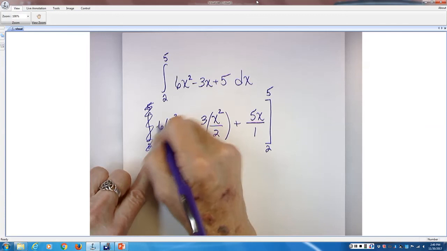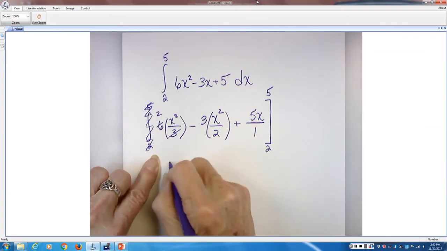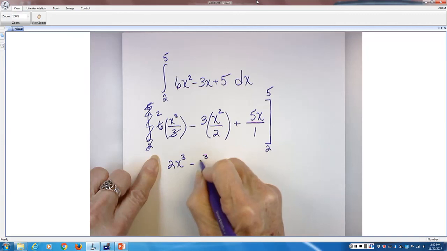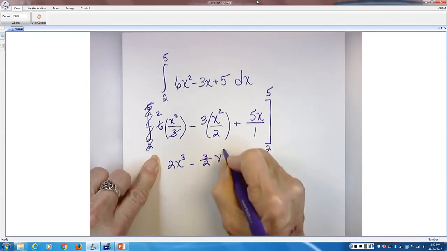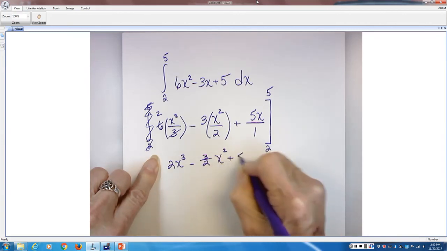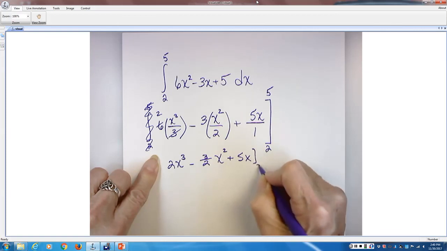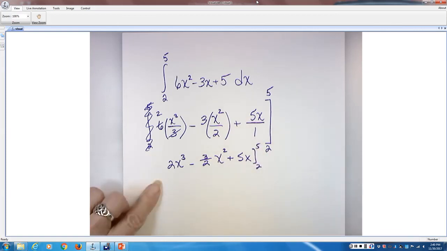So 3 goes in 6 2 times. We have 2x to the third minus 3 over 2 x squared plus 5x, and we're going to evaluate that at 2 and at 5 and subtract.